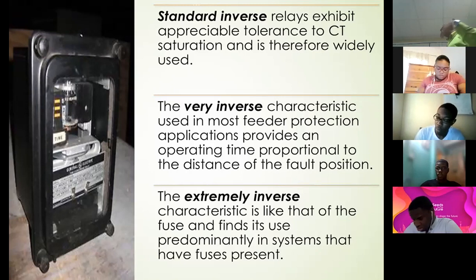And that source point really is a transformer, because you're not really going to be connected into a generator at a feeder. A feeder would be coming from a substation. So it's really a transformer point that you're looking at.